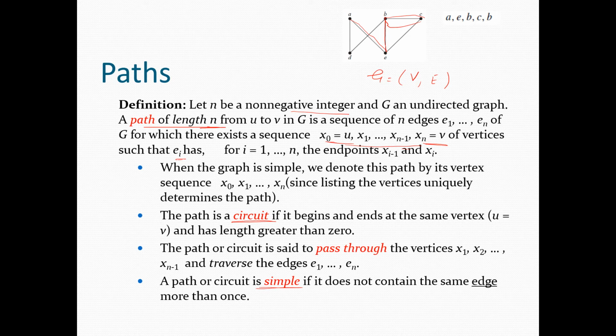So this is a path, of course, but this is not a simple path because a simple path does not contain the same edge more than once. So it contains BC more than once. So this is a path, but this is not simple.